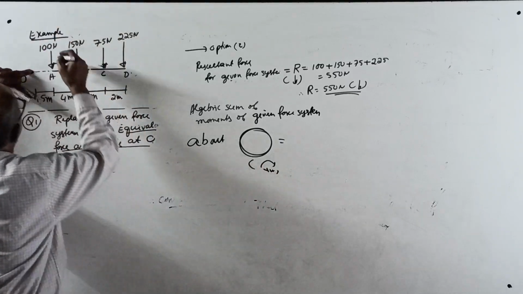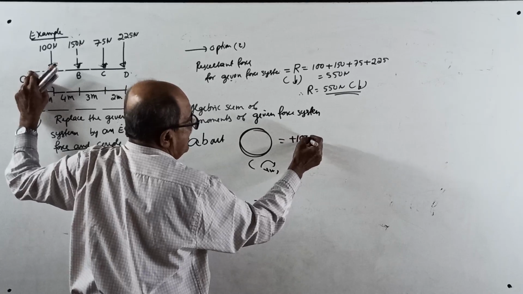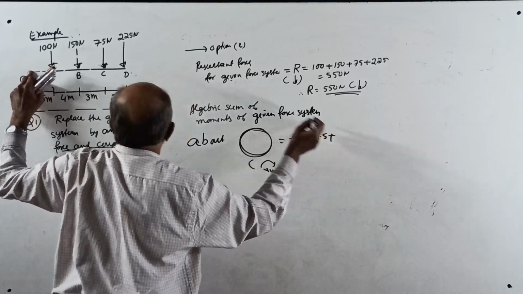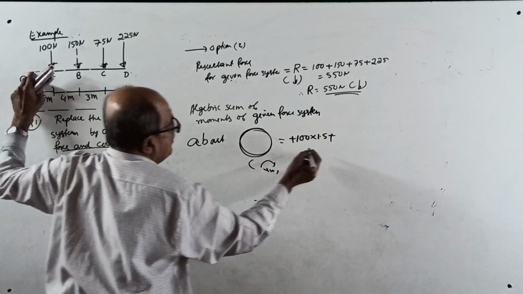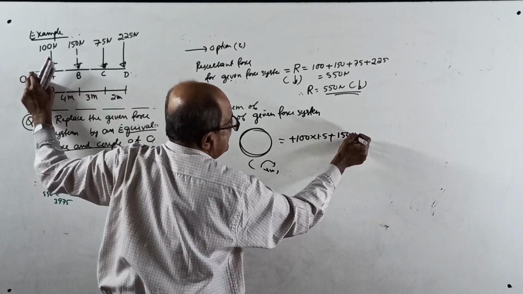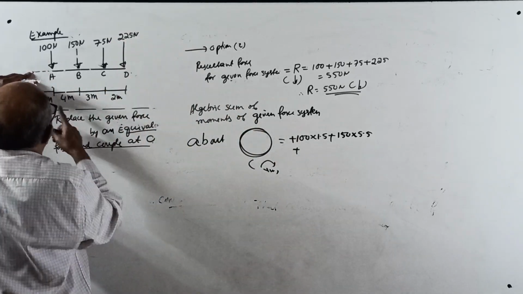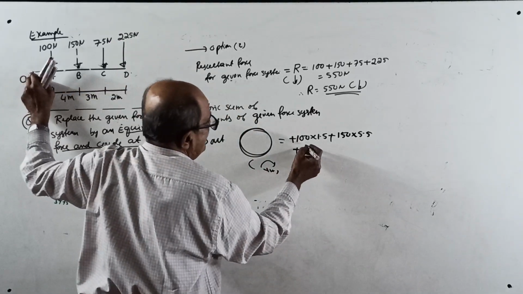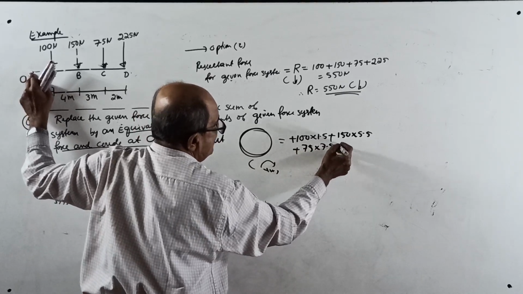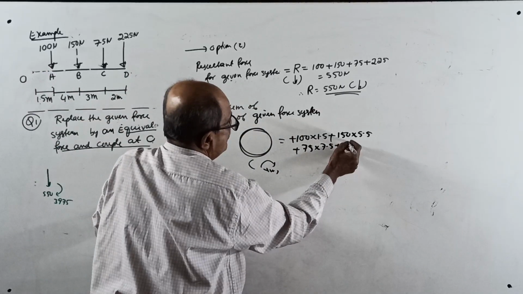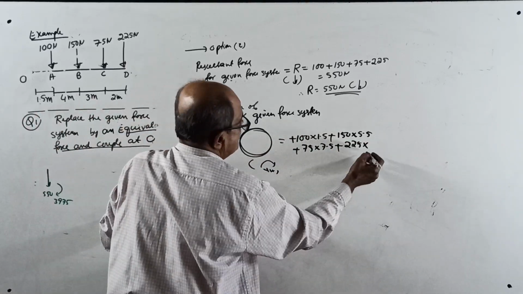See here, 100 into 1.5 clockwise, plus 150 into 5.5 (that is 1.5 plus 4), plus 75 into 8.5 (5.5 plus 3), plus 225 into 10.5.